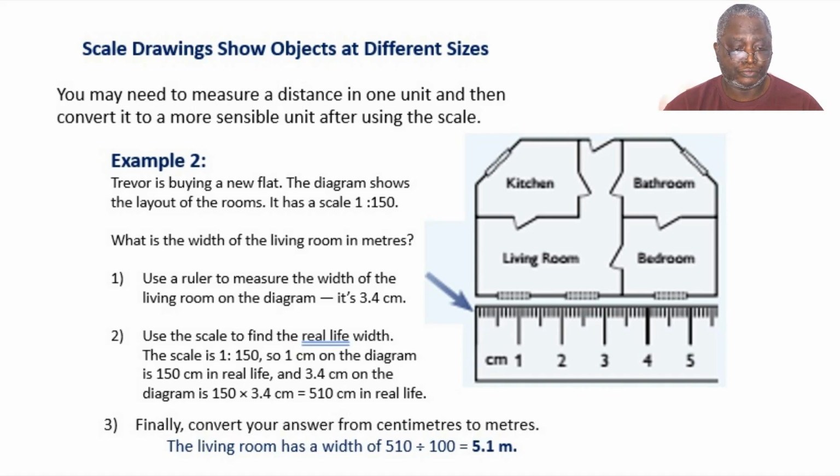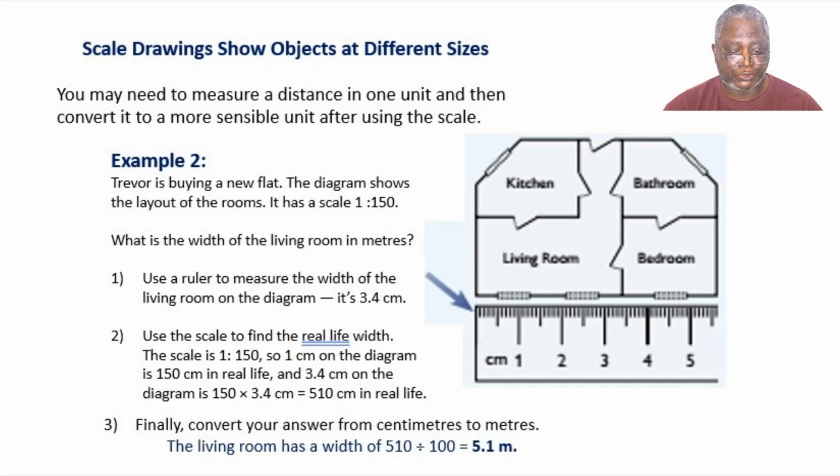Example 2. Trevor is buying a new flat. The diagram shows the layout of the rooms. It has a scale of 1 to 150. What is the width of the living room in meters? Use a ruler to measure the width of the room on the diagram. It's 3.4 centimeters.